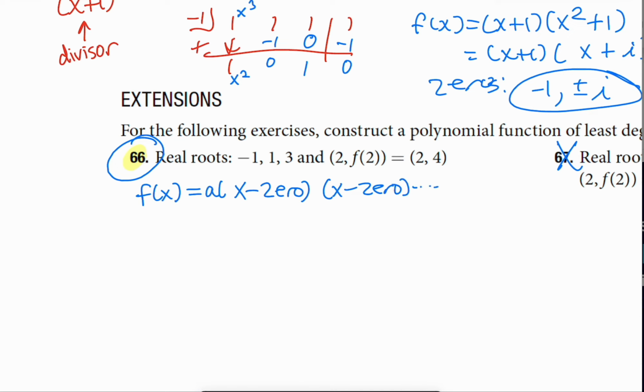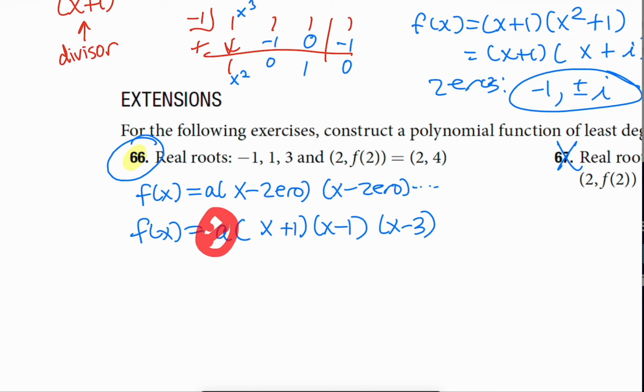So first off, we have 3 of them. So that's going to be x minus -1, x minus 1, and x minus 3. Now you'll notice that I put this little a. This is a placeholder for my front coefficient.